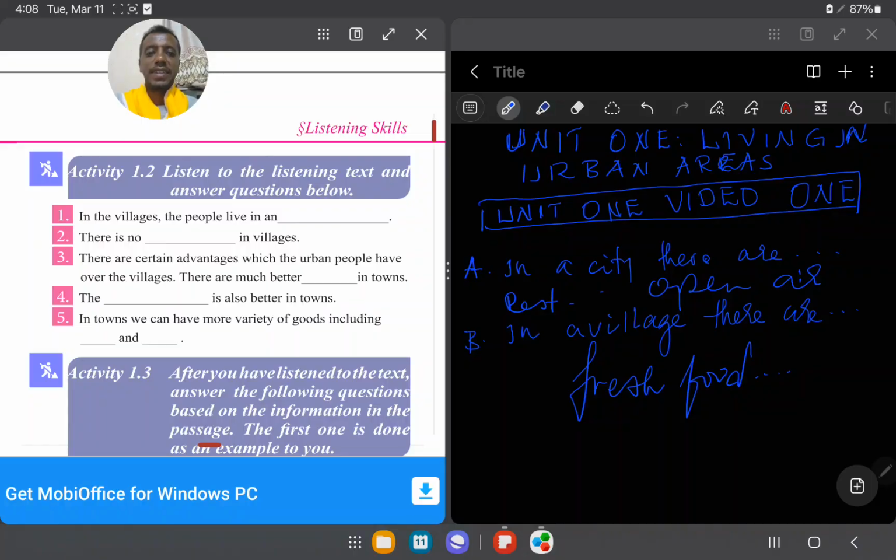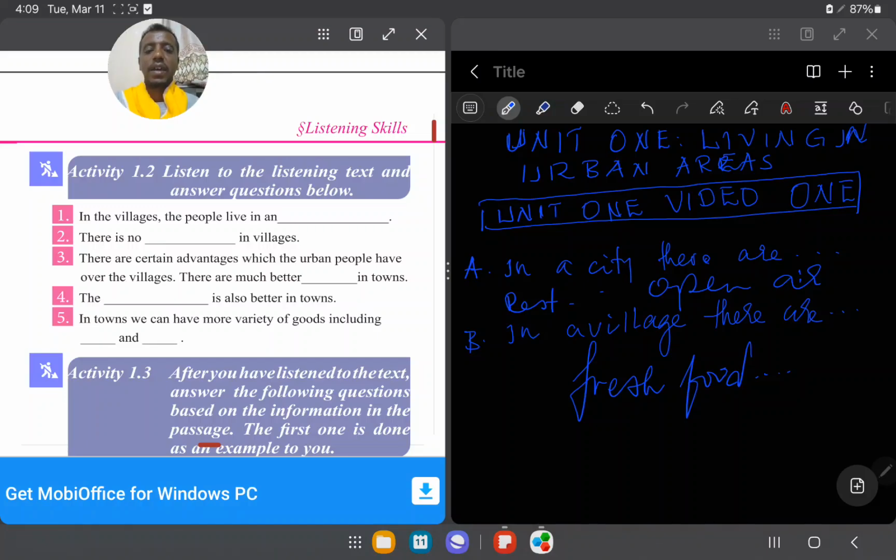When we say food, what is it? It is the way of eating, the style of eating, getting food. But the source is the village. But when it came to a city it became modernized. But is that healthy? That's the question. Whether it is healthy is questionable. This is all about the listening text, students.